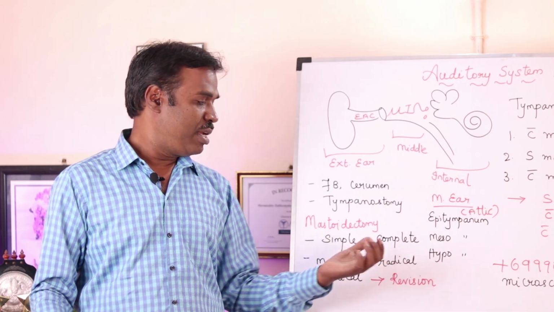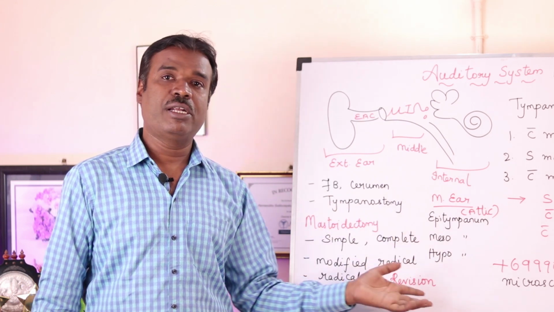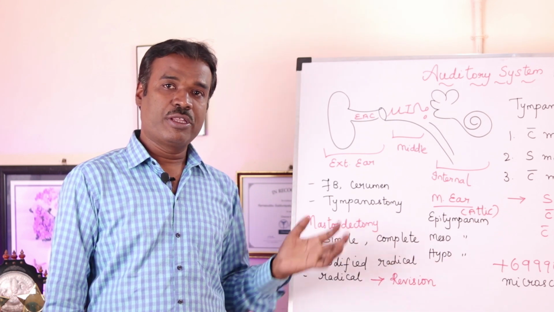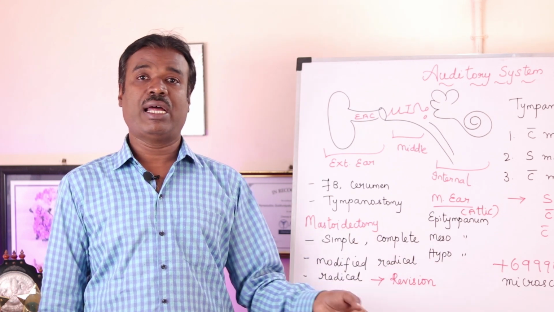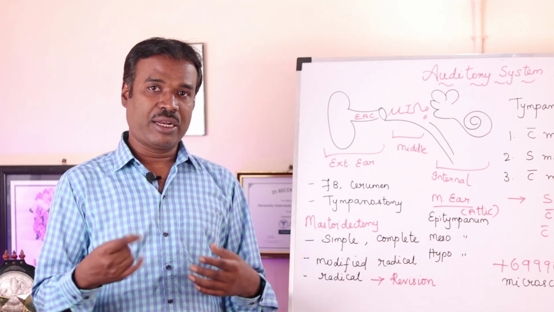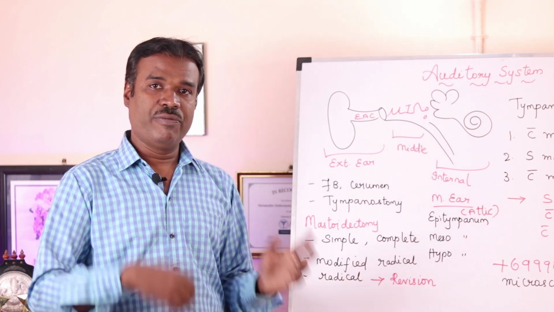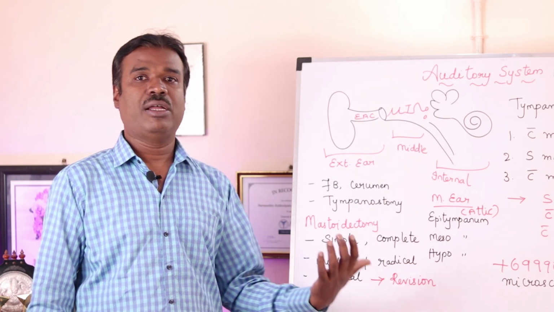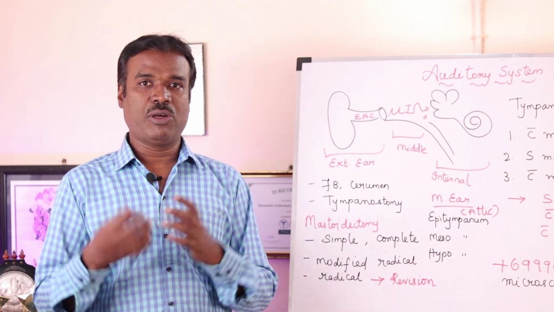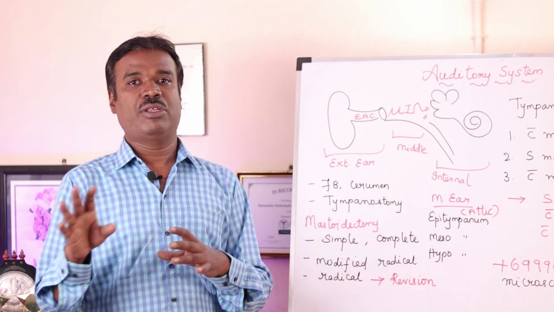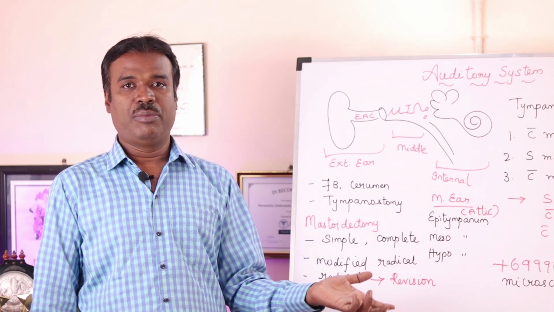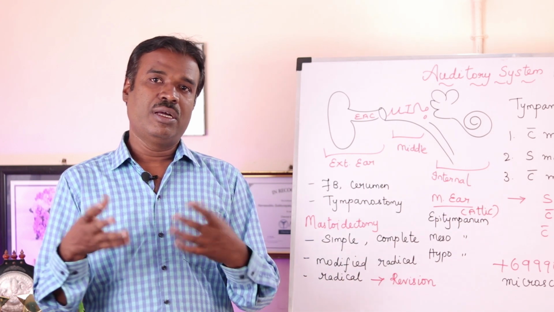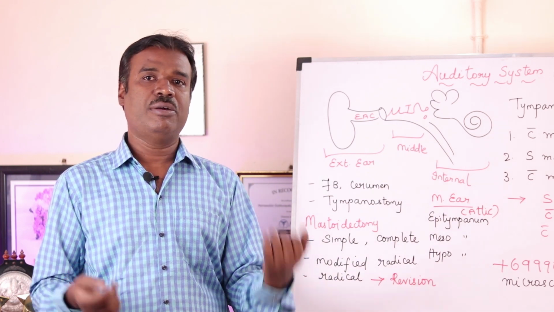Say for example, the patient underwent a complete mastoidectomy and now he is presenting for a modified radical mastoidectomy. In that case, you need to report a revision modified radical mastoidectomy, because now essentially the physician is performing a removal of the affected bony structures plus the mastoid.